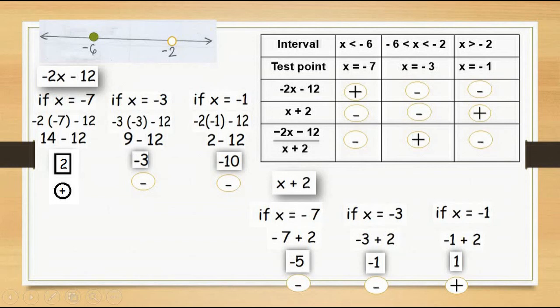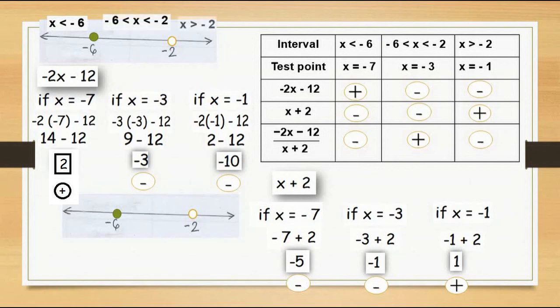So as you can see on the inequality, negative 2x minus 12 over x plus 2 is less than or equal to 0. So you're talking about less than, so the answers should be negative.